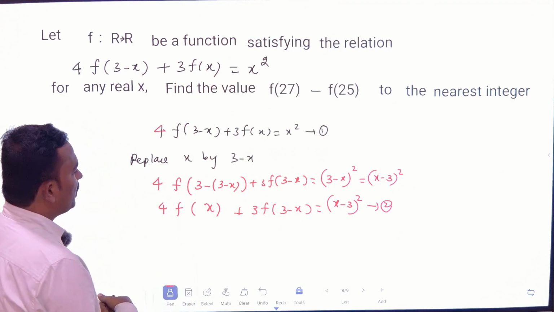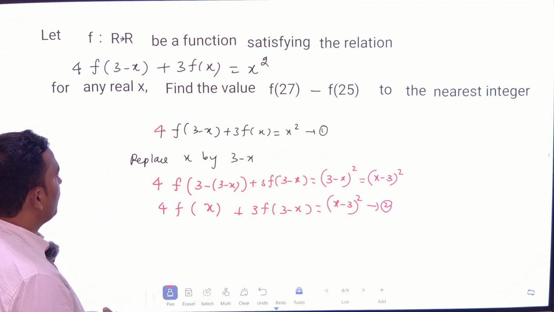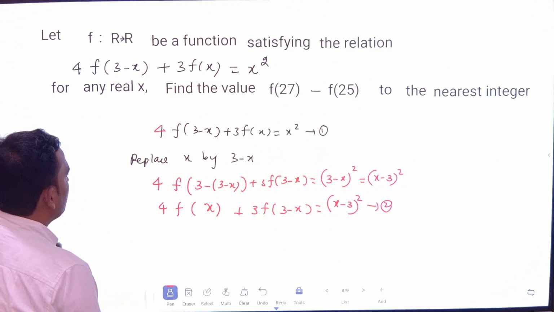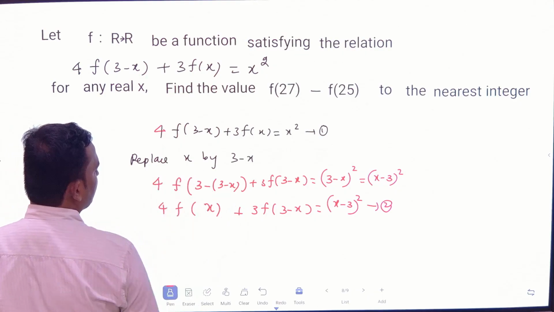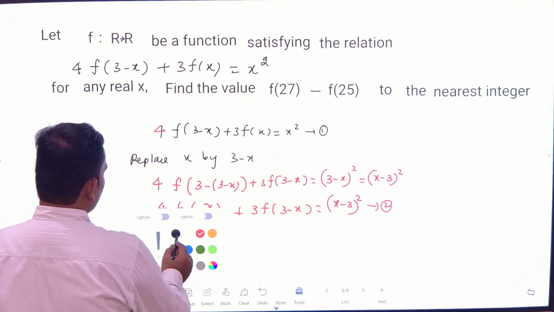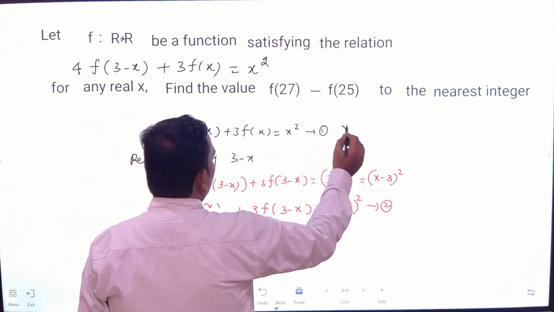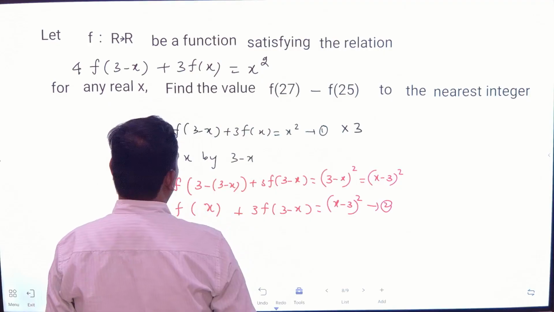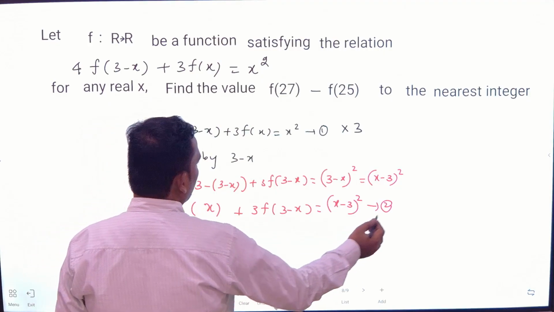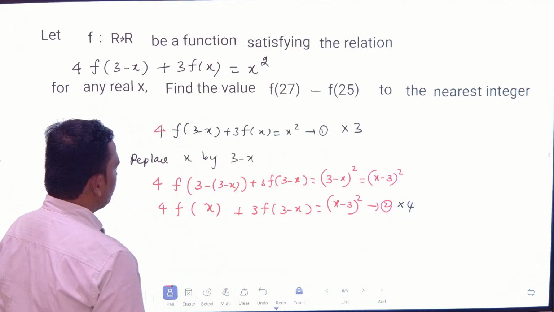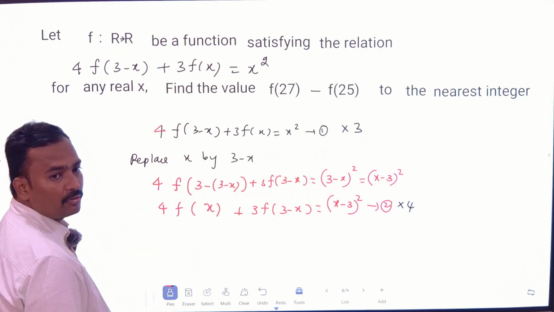So how to remove the f of 3 minus x? You can see, student, in the first equation 4 is there, here 3 is there. So the first equation you have to multiply by 3 and the second equation you multiply by 4, so you can remove that f of 3 minus x.